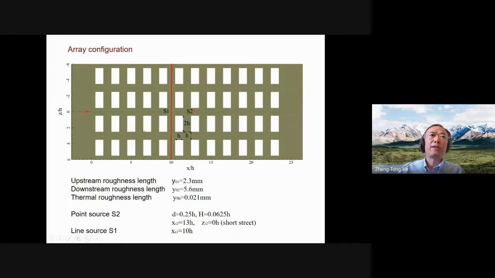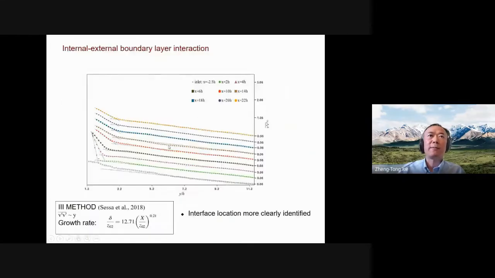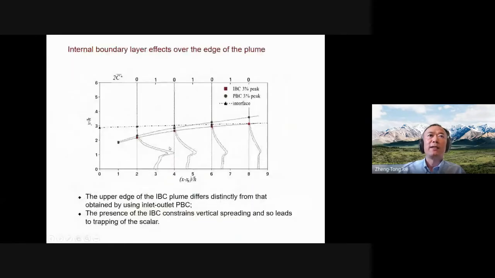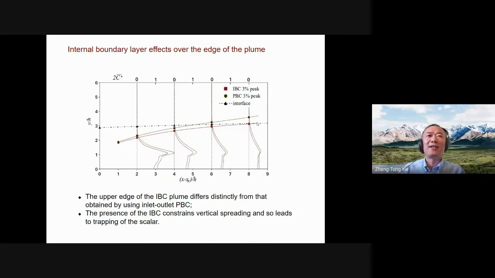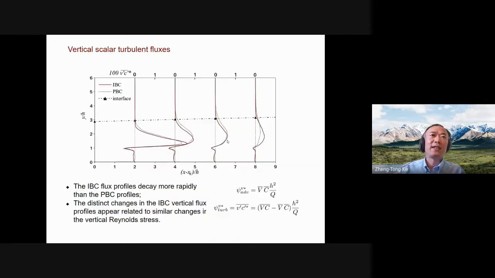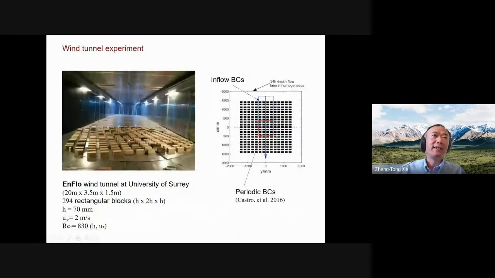Yes, because in reality, at maybe 10H or 15H, we assume the flow has converged, but it's still slightly growing, particularly the turbulence. In the wind tunnel also, because of the cost, they're not exactly the same as periodic, since there is still a limited number of arrays of blocks.